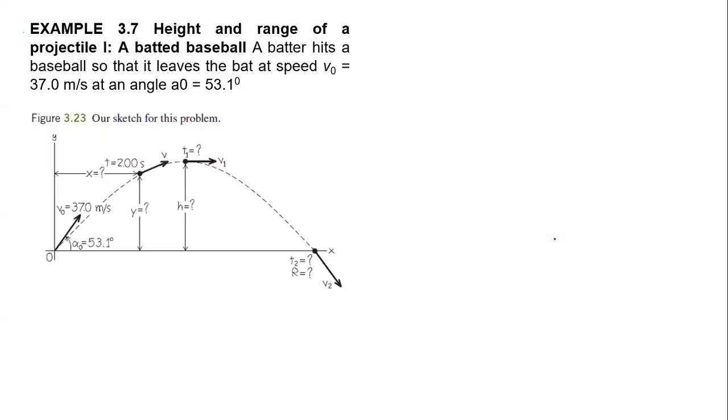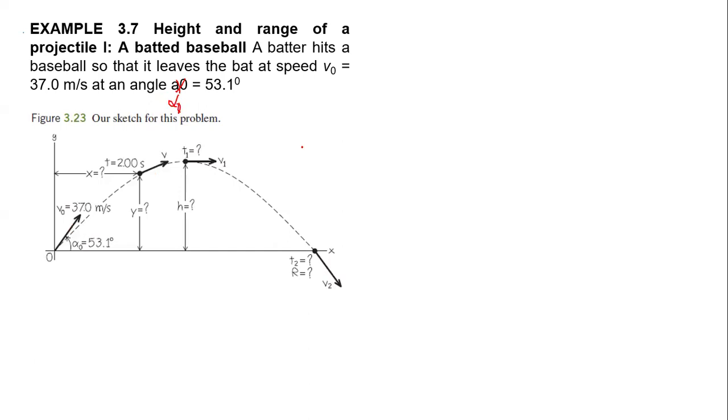In example 3.7, height and range of a projectile, a batted baseball. A batter hits a baseball so that it leaves the bat at a speed of 37 meters per second at an angle of 53.1 degrees. This is alpha sub o.